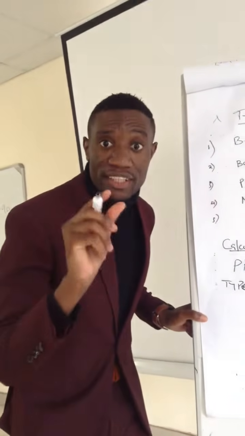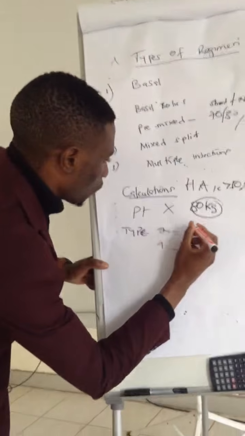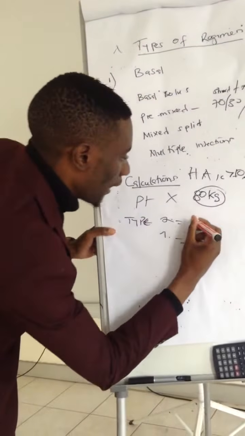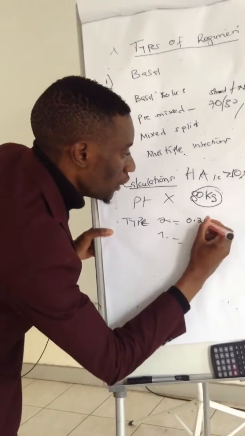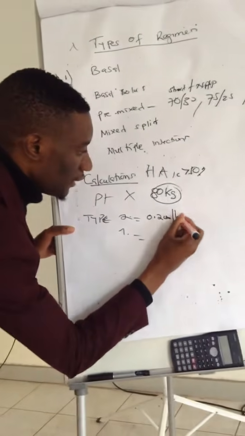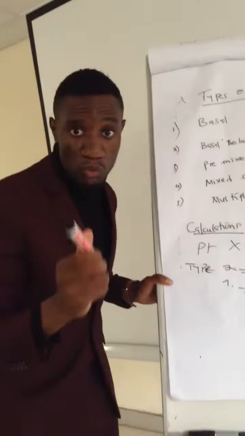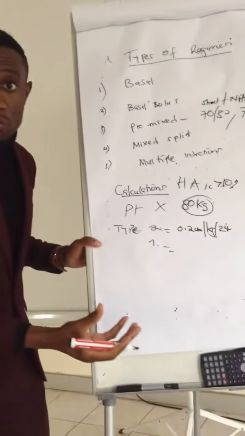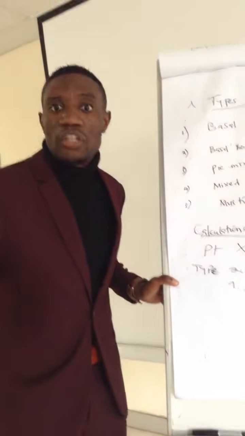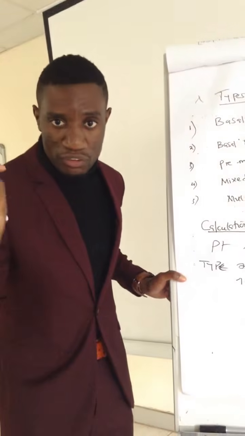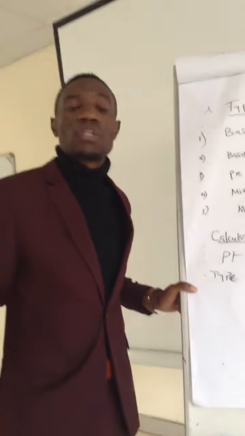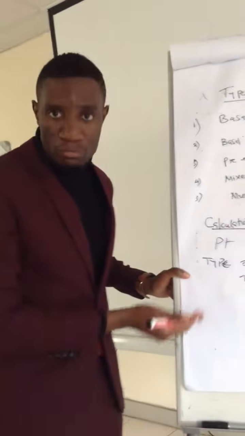For type 2 diabetes, we start the patient at 0.2 units per kg in 24 hours. This is what we call a 24-hour dose. In type 2, we start on a lower dose because they still have some residual beta cells, so we don't have to give them too much insulin, otherwise they might go into hypoglycemia.